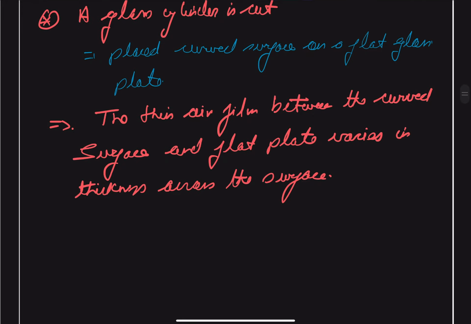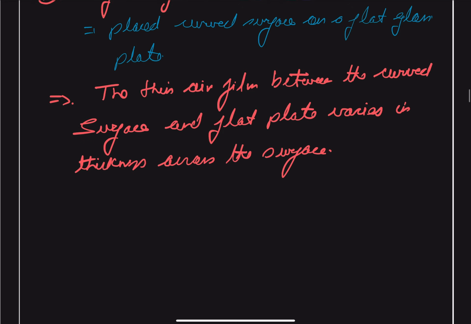And it is also given that the light is normal to the surface. So therefore, the interference is between two reflected rays.